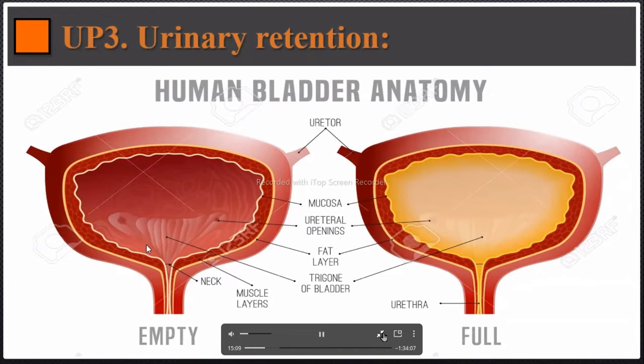That's why any patient with urinary retention, be sure whether he has a full bladder or not. How to do that? By ultrasound scan. So any patient with no urine, whether retention or anuria, do an ultrasound scan. It will give you an idea before inserting a catheter. You have to examine him before inserting a catheter.